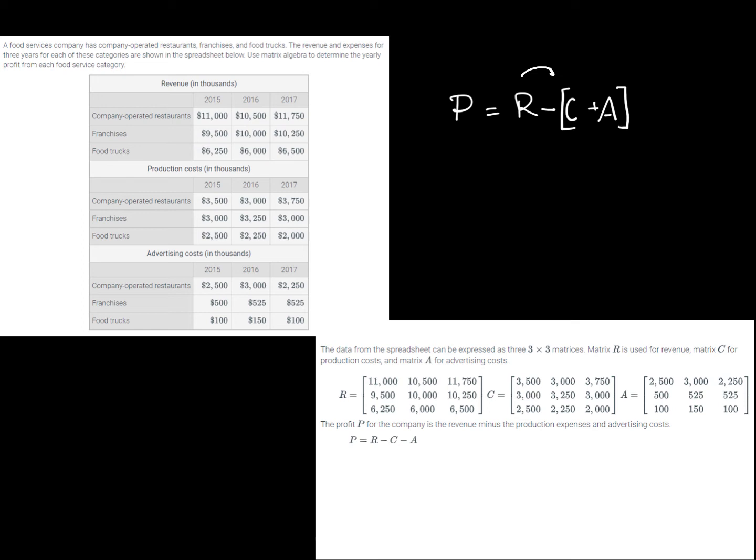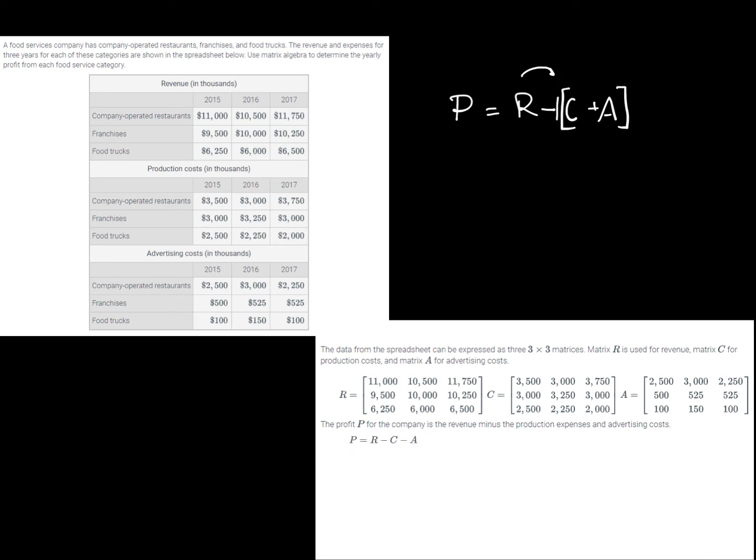So R times the matrix A plus B is the same as the scalar times A plus the scalar times B. And all I did here was use the scalar -1, and I undistributed that so that I've got it in parentheses there. So that's the same as the equation that you see down here.